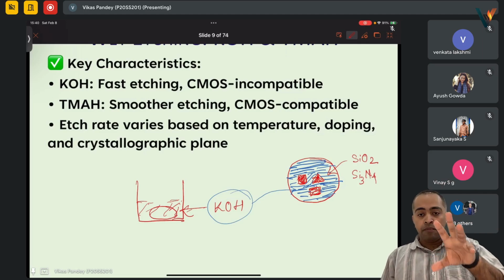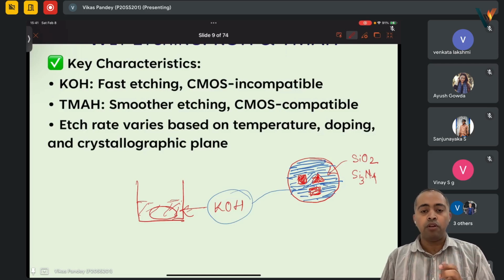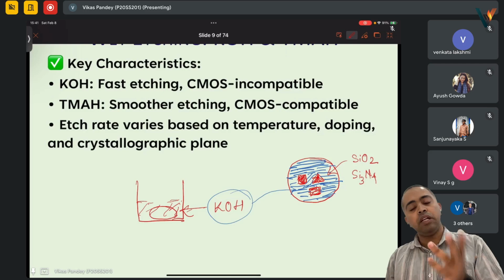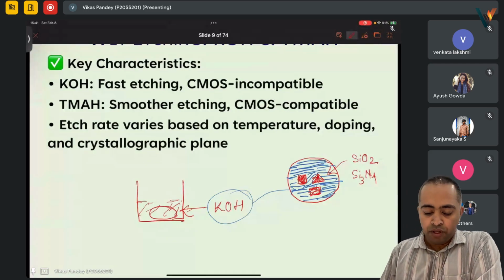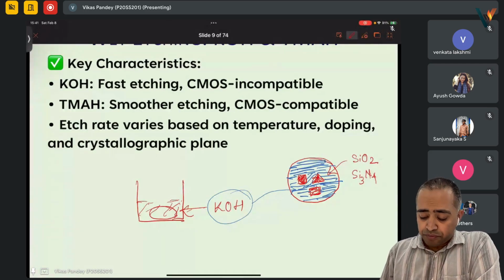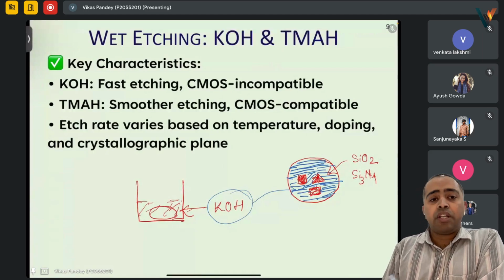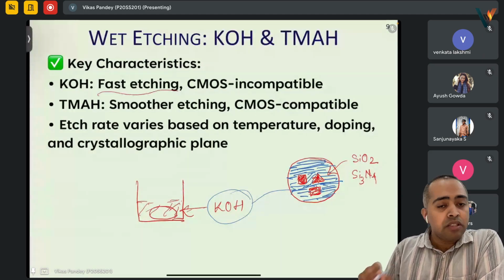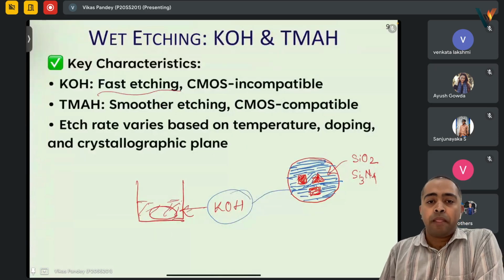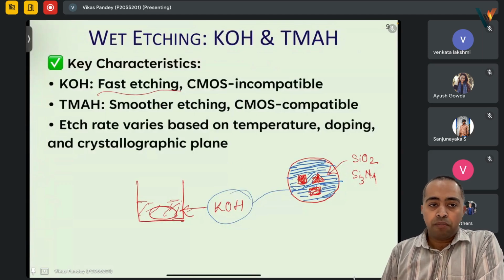We will see in the next section how we pattern this. Even if we deposit it throughout, we have to pattern it, like we first have to make this part open. How we do that, we'll see in the next section. Okay, KOH etching is very fast, but it has the problem that it is CMOS incompatible. Why?